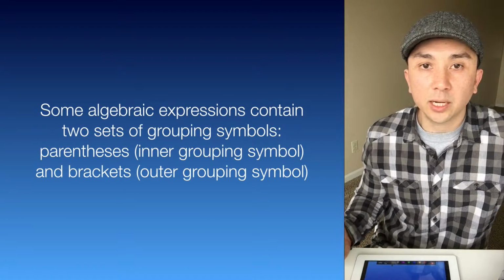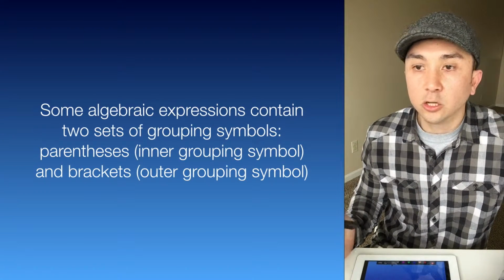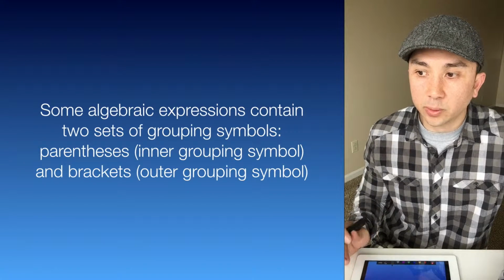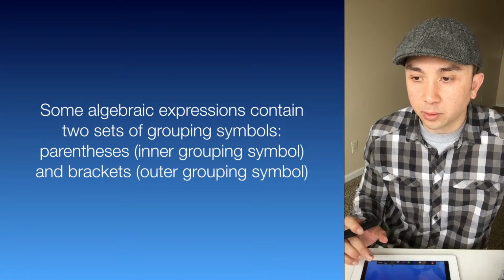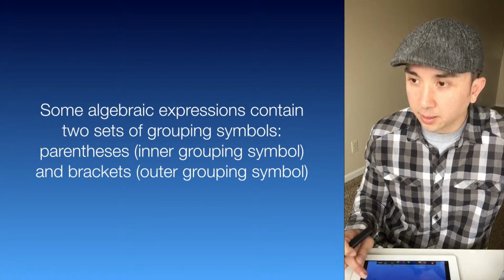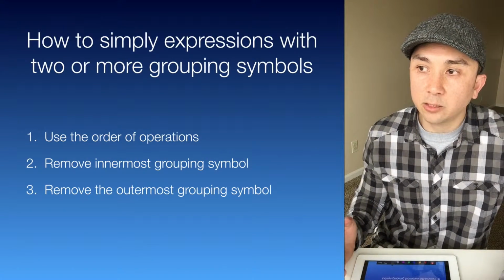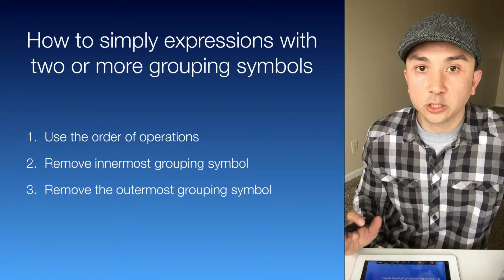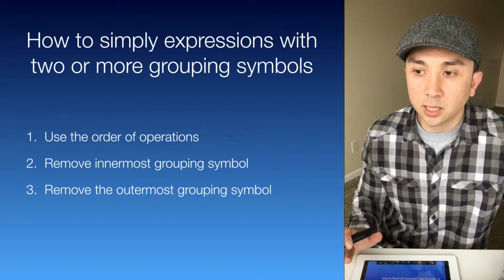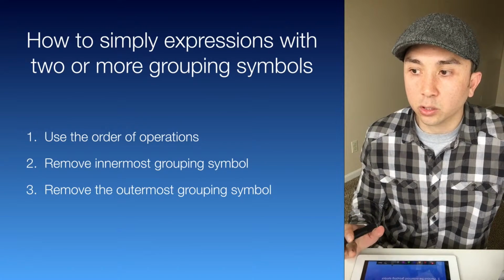So some algebraic expressions contain 2 sets of grouping symbols, parentheses, which are the inner grouping symbols, and then brackets, which are outer grouping symbols. So here's how to simplify expressions with 2 or more grouping symbols. So the first thing we're going to do is use the order of operations.